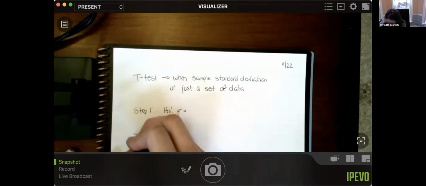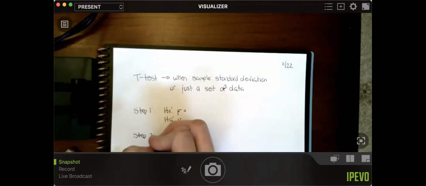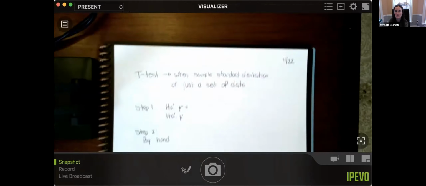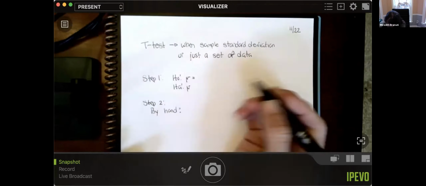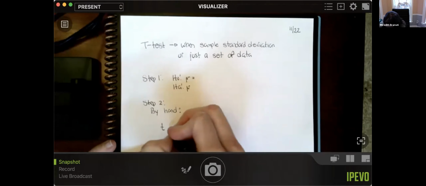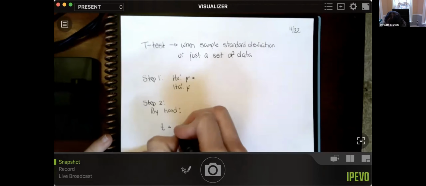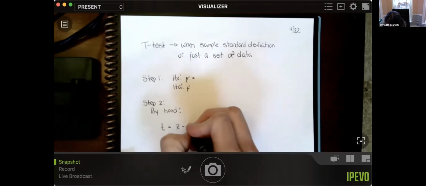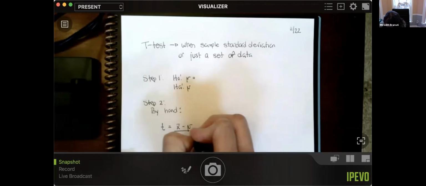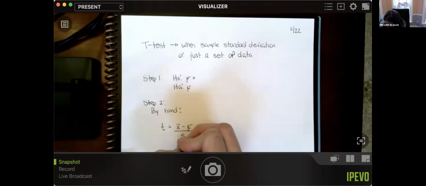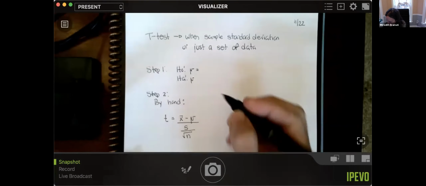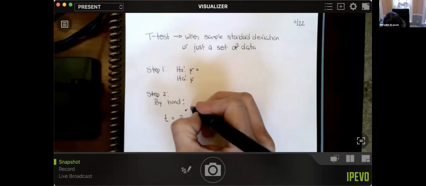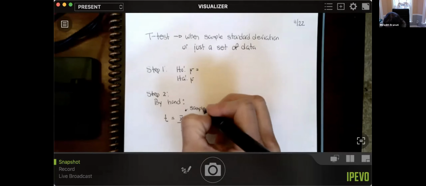Step 2, and this is by hand. Okay, we're going to write out the by hand first, and then I'm going to have you write out the by calculator. So by hand, T equals sample mean minus hypothesized mean over the sample standard deviation, which is then over the square root of n. And I'm going to label these. So this is sample mean.